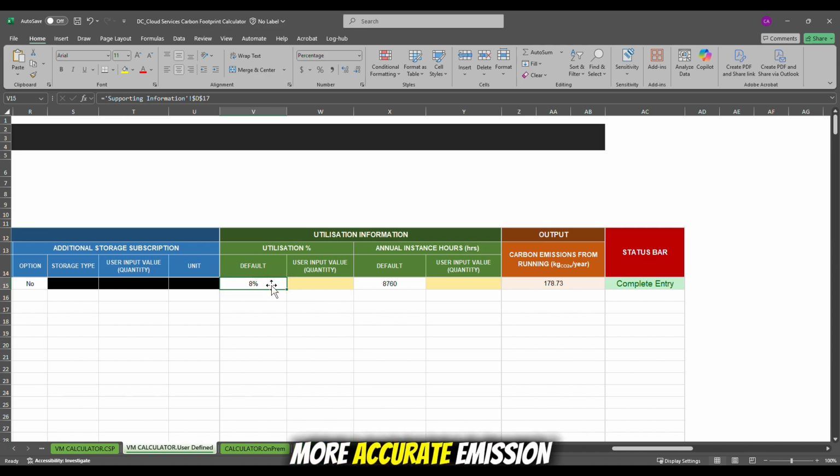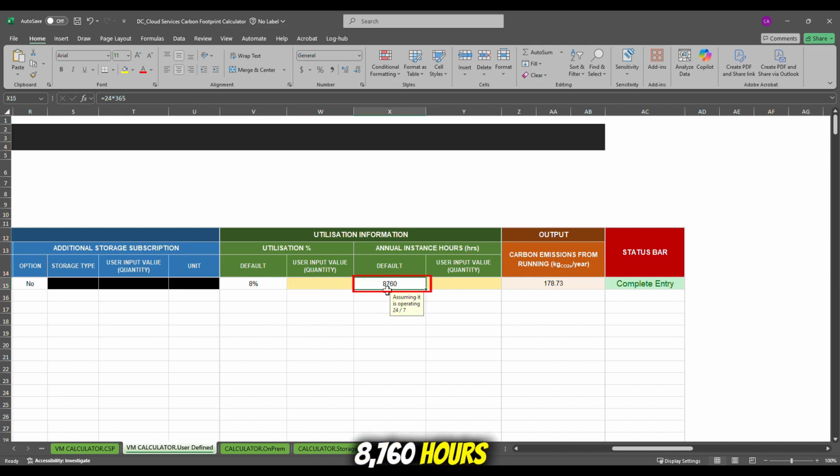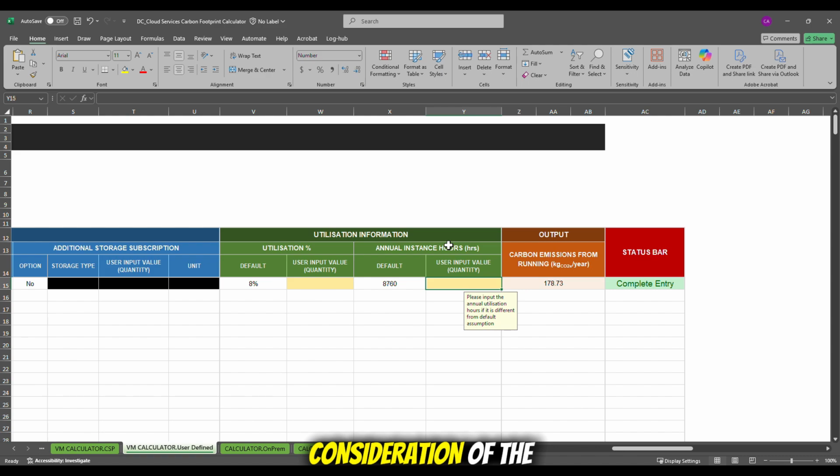Again, for a more accurate emission calculation, we recommend using your actual utilization percent. The default value for the annual instance hours is 8,760 hours, meaning the VM is going to be running 24/7, 365 days a year. Again, this is in consideration of the principle of conservatism.